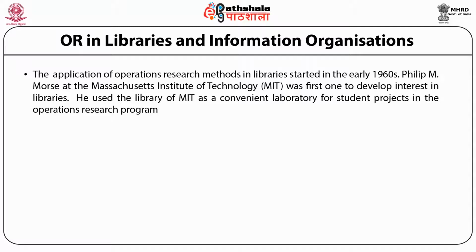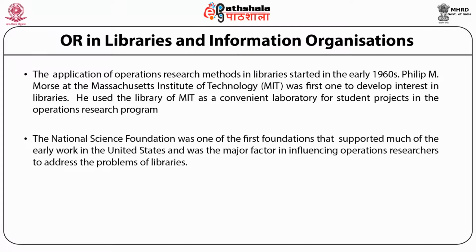He used the library of MIT as a convenient laboratory for student projects in the operations research program. Then the National Science Foundation was one of the first foundations that supported much of the early work in the United States and was the major factor in influencing operations research to address the problems of libraries.